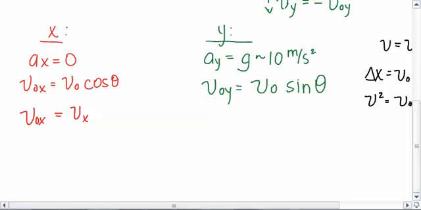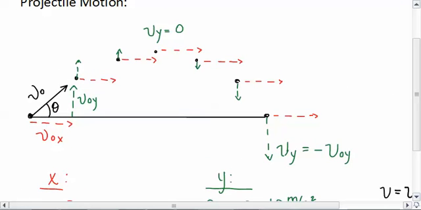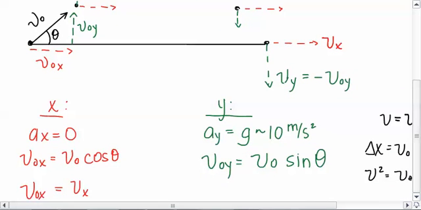Isn't that what our little picture up here shows me anyway? Isn't this our final velocity in the x direction? It's the same throughout. It does not change for true projectile motion. Remember, we sucked all the air out of the room. We're in a magic physics room, so we don't have any drag forces, friction, air resistance, anything like that.